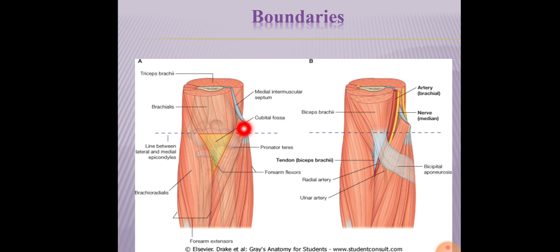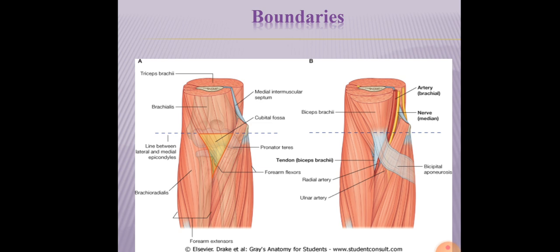The medial boundary of this space is formed by the lateral boundary of pronator teres, and the lateral boundary is formed by the medial boundary of the brachioradialis muscle. This is the brachioradialis muscle and this is the pronator teres muscle of the forearm.